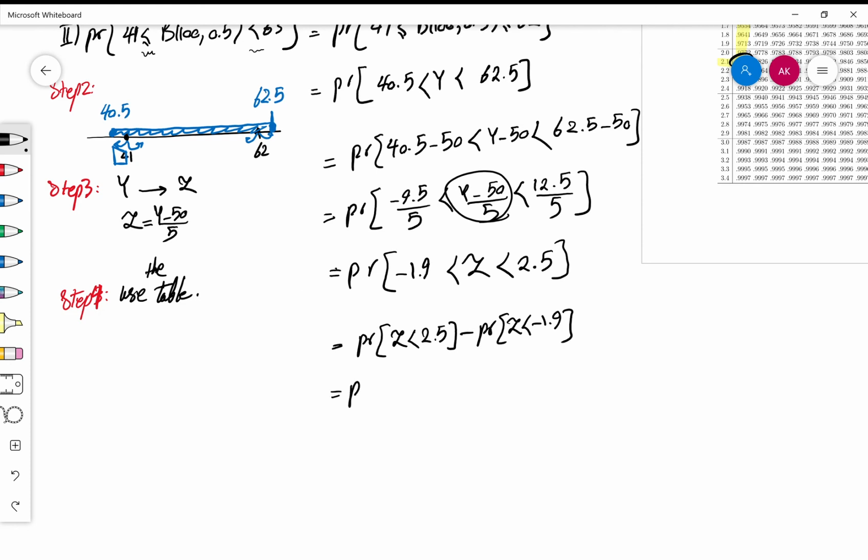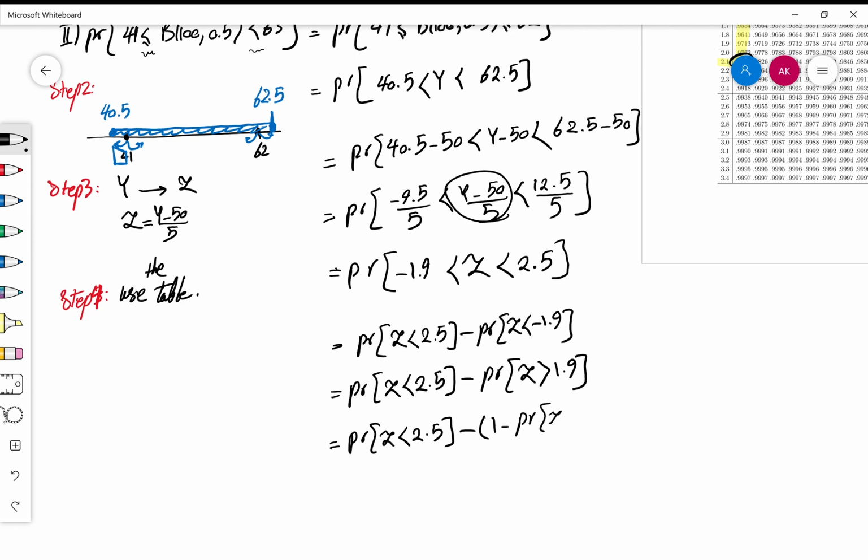But we see that the smaller value is negative, so we can turn it to positive by flipping the inequality. Then Z is bigger than some positive, so we can turn it to less than by 1 minus this thing. So this means that we have the probability of Z less than 2.5 plus the probability of Z less than 1.9, and then minus 1.